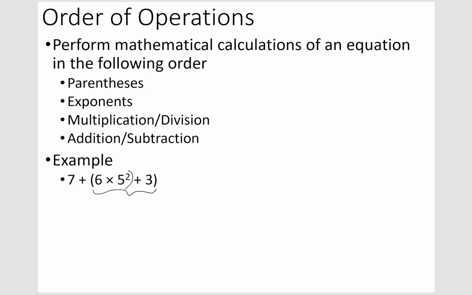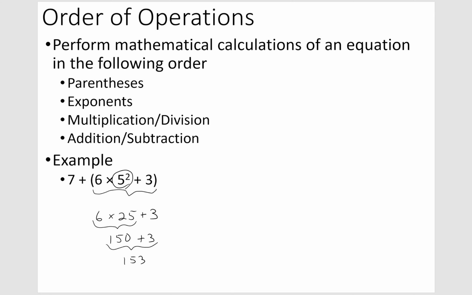So I start right here within the parentheses. That's going to be 6 times 25 plus 3. Now I can either do the 6 times 25 or I can do the plus 3. But of course, multiplication and division comes first. So I do this one next, which gives me 150 plus 3. Adding those together, I get 153.